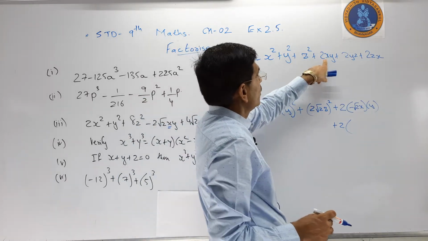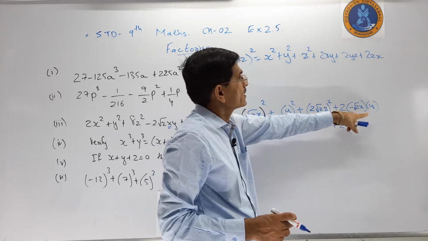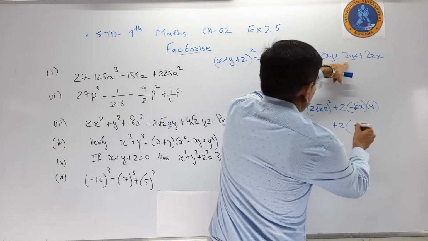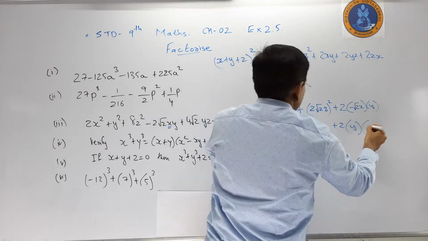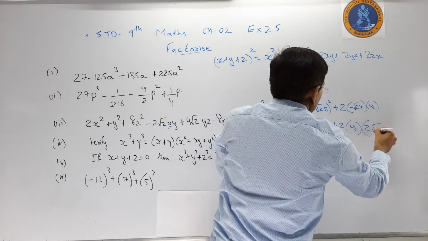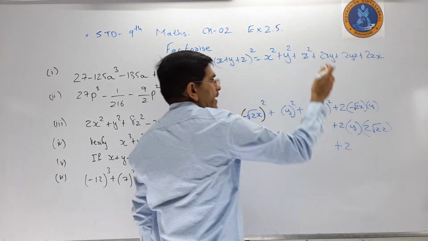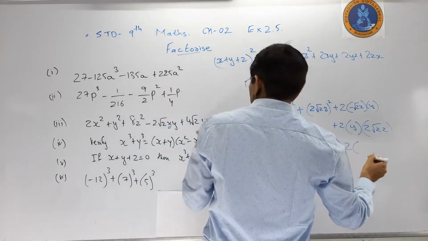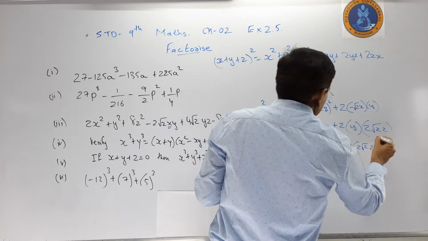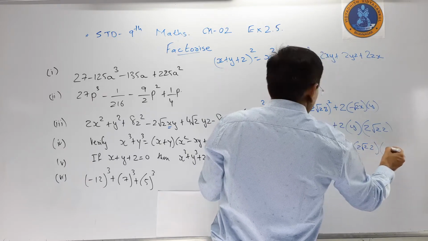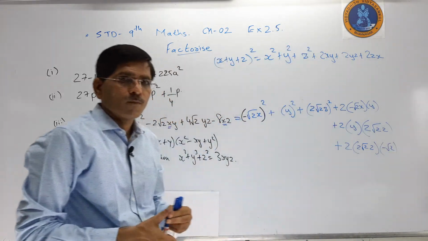Now the fourth term, 2 into x into y, so 2 into minus root 2 x into y. Again here y, y as it is. And z, that is 2 root 2 z, plus again 2zx. So z is 2 root 2 z and into x, that is minus root 2 x.